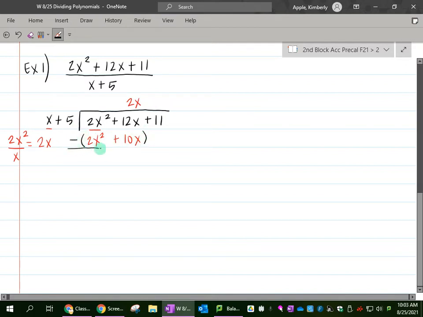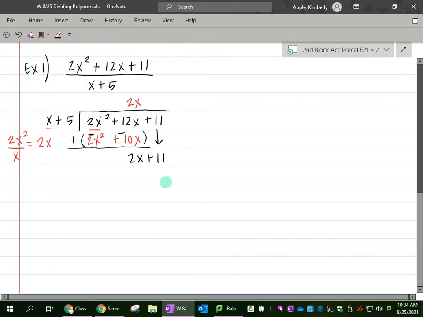Recall from yesterday that when you subtract an expression, you need those parentheses so that you remember to distribute the negative. So I distribute my negative here, and now I will proceed to do those calculations. 2x squared minus 2x squared is nothing. 12x minus 10x is 2x. And now I'm going to bring down the 11, just like we did before.